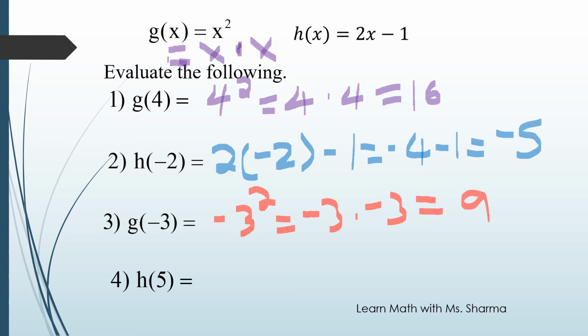Now we have to find h of 5. That means x is 5. We plug in 5 in place of x. So you have 2 times 5 minus 1. 2 times 5 is 10 minus 1, which is 9.